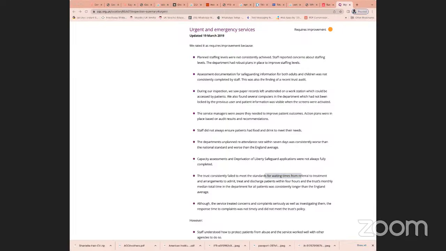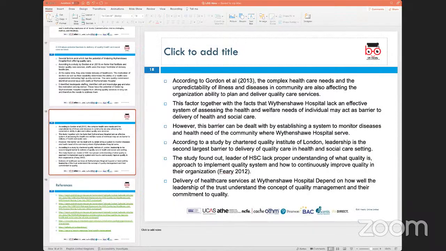So in a broad sense, I would say there are lots of barriers, but broadly, barriers within the health and social care sector which impede the delivery of quality services include lack of resources, lack of staff training, lack of funding, and lack of buy-in from the management.